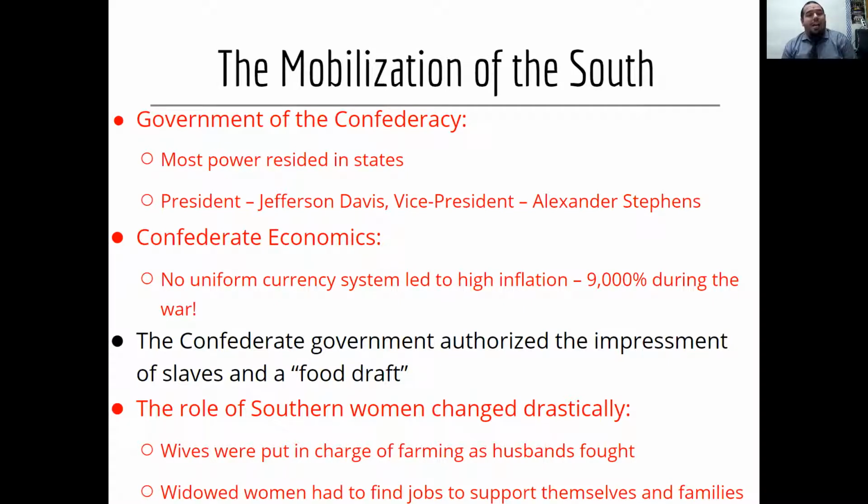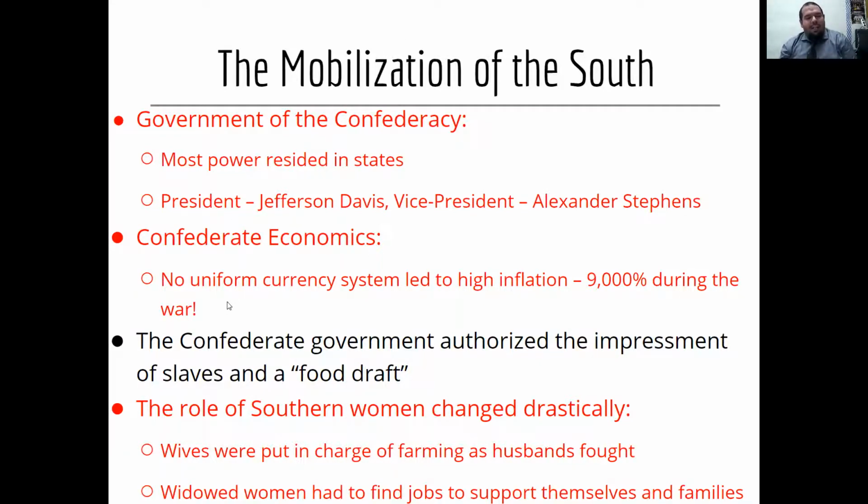Mobilization of the South, they are called the Confederate States of America, CSA. The most power resided in the states. They did have a president, Jefferson Davis, and vice president, Alexander Stephens. Confederate economics: no uniform currency system, and that's going to lead to super high inflation, around 9,000% during the war.